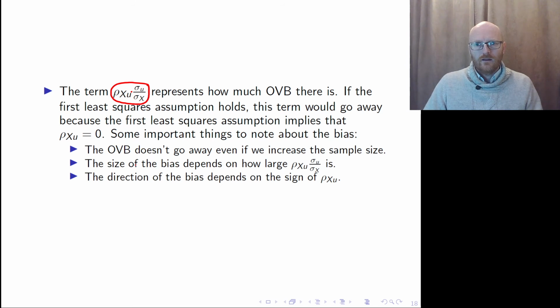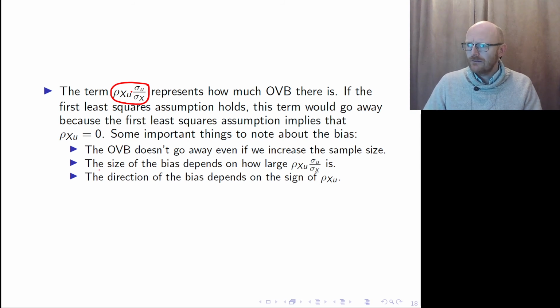But what we have from this is that the omitted variable bias doesn't go away even if we increase the sample size. A wrong model is still wrong, even if you are more certain of its wrongness, right?